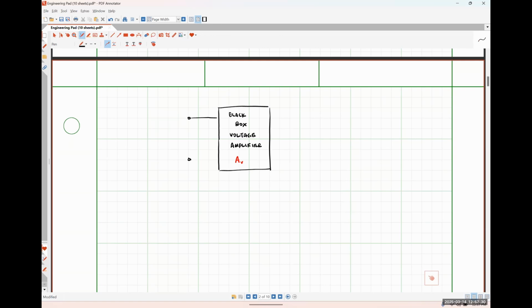Now I'm just drawing my terminals for the input side. And I'm drawing my terminals for the output side, like so. So because this is a voltage amplifier, I'm going to label the input of this voltage amplifier as a voltage Vin of t.